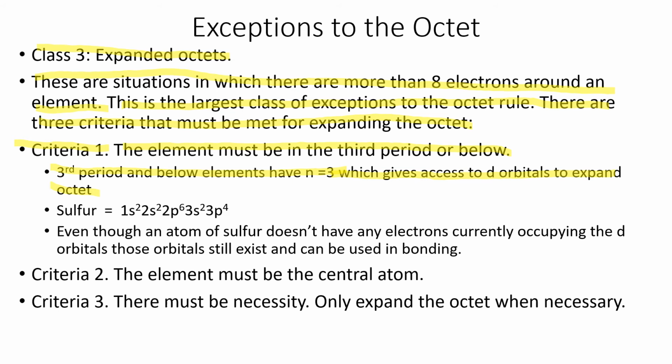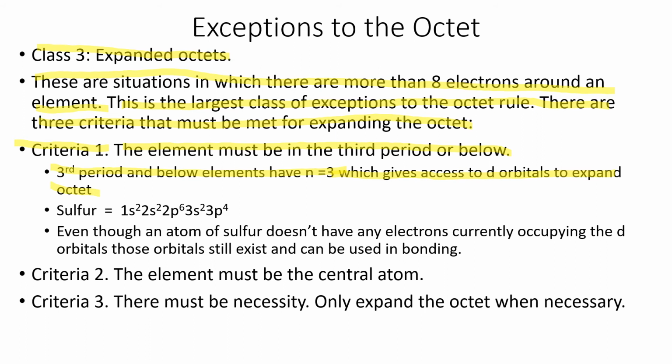But if you have n equals 3, not only do you have L equals 0, which are s orbitals, not only do you have L equals 1, which are p orbitals, you also have L equals 2, which are d orbitals. That allows you to have the space to expand the octet.